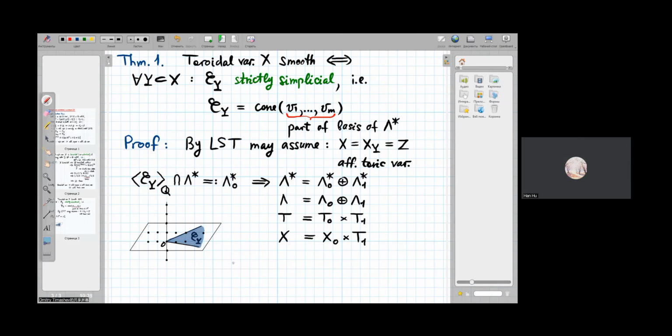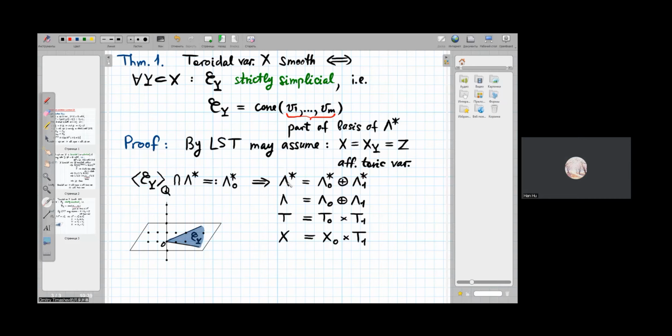Why do we have the decomposition of lambda star into lambda naught star and lambda 1 star? We can choose a lambda 1 star, right? The point is that we can choose the complementary sublattice lambda 1 star in such a way that we have such a decomposition.